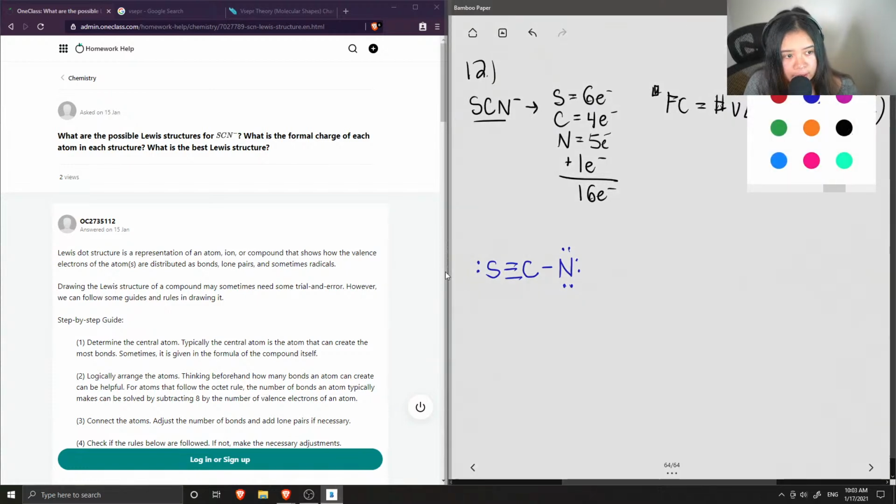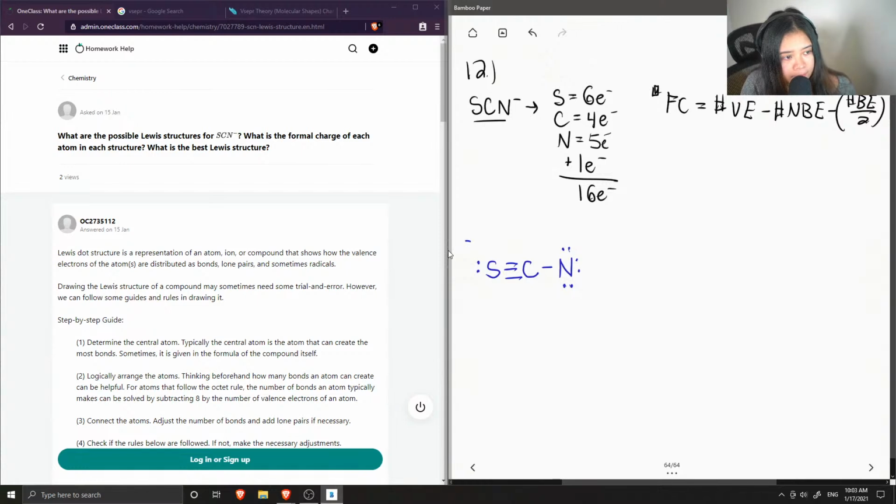Okay, so let's calculate the formal charge of this. For the sulfur, sulfur has 6 valence electrons. It has 2 non-bonding electrons.